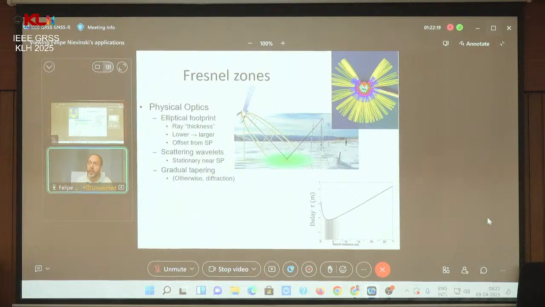So you want homogeneous conditions around the antenna at the scale of the first few Fresnel zones. And whenever there are changes, let the change be gradual and not abrupt.